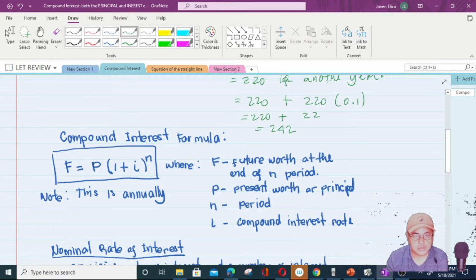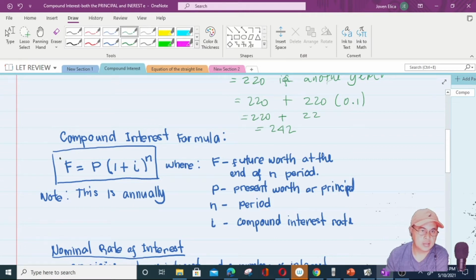F is equals to P multiplied by 1 plus I quantity N. Where F is the future worth at the end of the period. So this is the future worth of your money. And P will be the present worth or the principal. And N is the period or the number of years your money will be paid. And I is the compound interest.